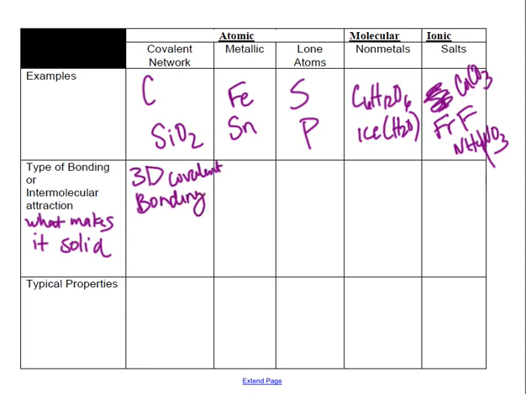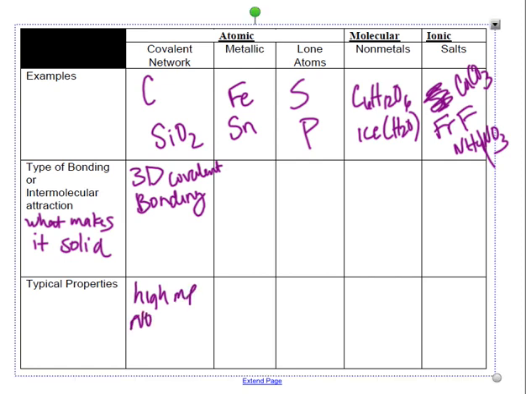So we get these lattice-looking things, but remember, they're not going to conduct electricity because there's no ion source. So some typical properties of these things, what are some? High melting point. They do not conduct electricity, no electrons for no electricity. Are they soluble? Usually not. Not soluble. That would be bad. People buying these expensive diamonds, that would be really bad.